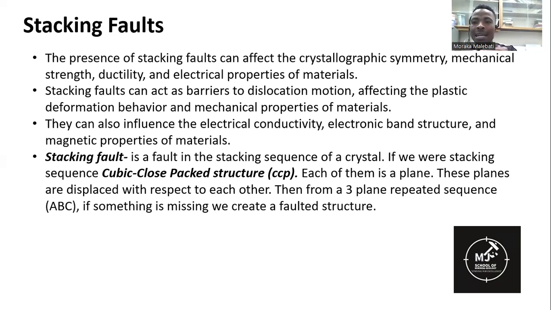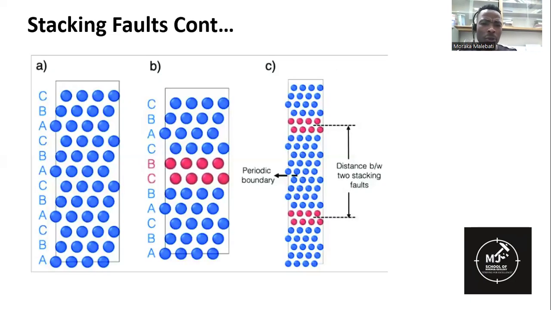The fault boundary occurred when you took the plane out. Then we would refer to that as the stacking fault. It's very interesting. For example, let me show you something. We've got the 3D repeated pattern, ABC, ABC, ABC, ABC, ABC. Can you now see?